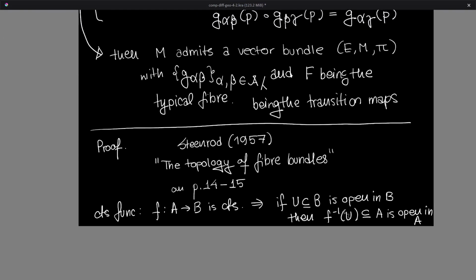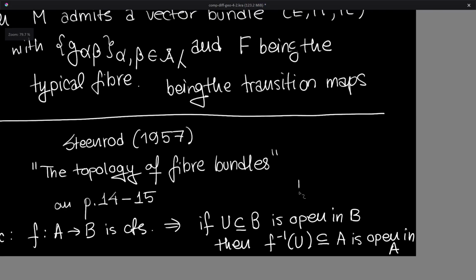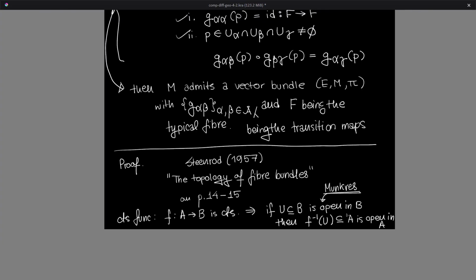Now, a full explanation of why that's the definition of a continuous function you can find in Munkres, as we've been using as our reference for topology. Munkres talks about why this is the definition, and if you want more explanation of what you can do with continuous functions, you can look into that.